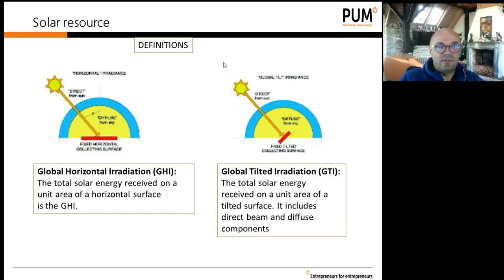About the solar resource, two definitions. You have the GHI, the global horizontal irradiation, and that's basically the total solar energy received on a unit area of a horizontal surface.